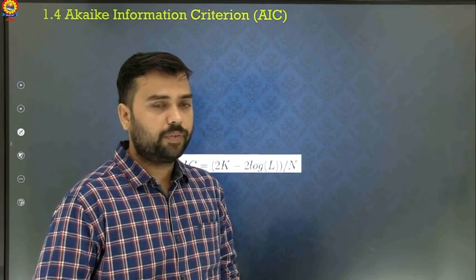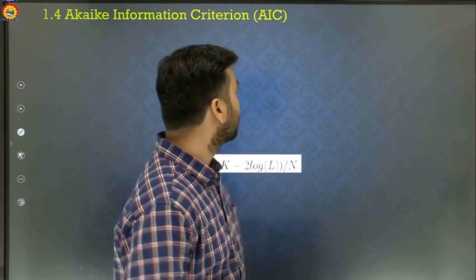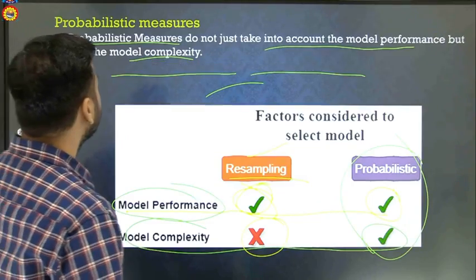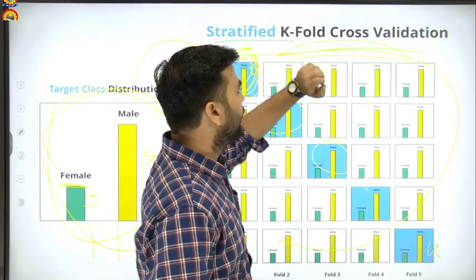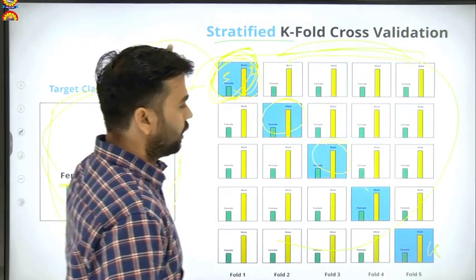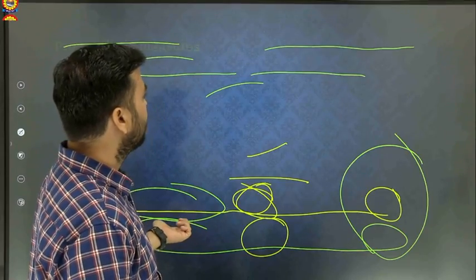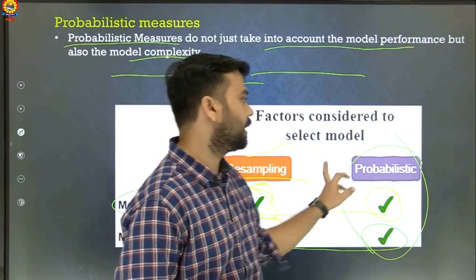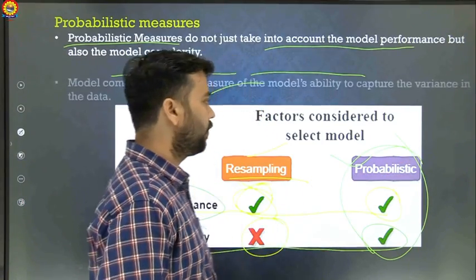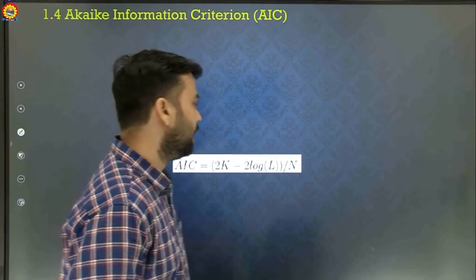Then in that we discussed two things: one is K-fold and another is tenfold methods, the statistical K-fold cross validation. We discussed two methods, and now we are discussing probabilistic model selection. In that, today we first discuss the Akaike information criterion (AIC) method.